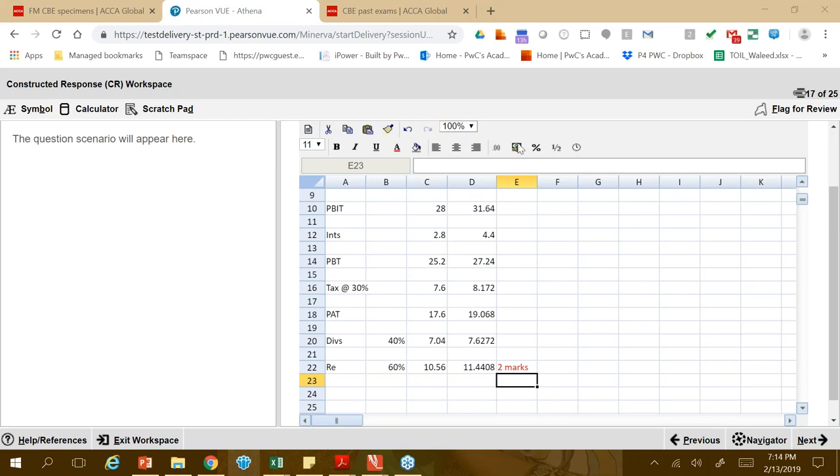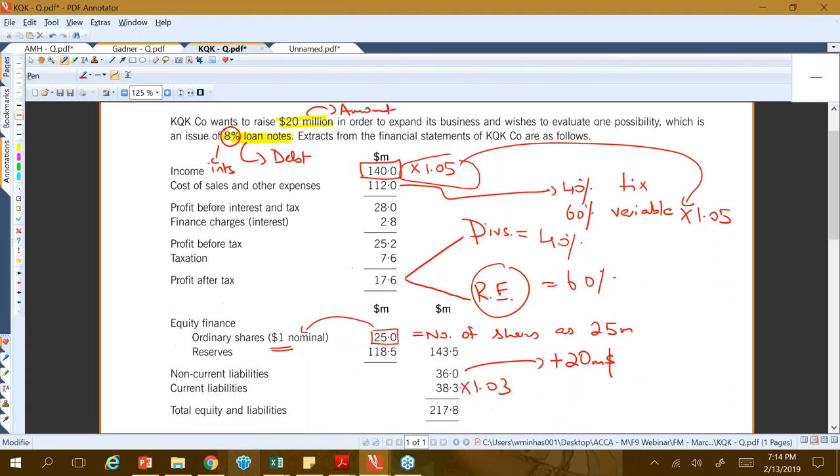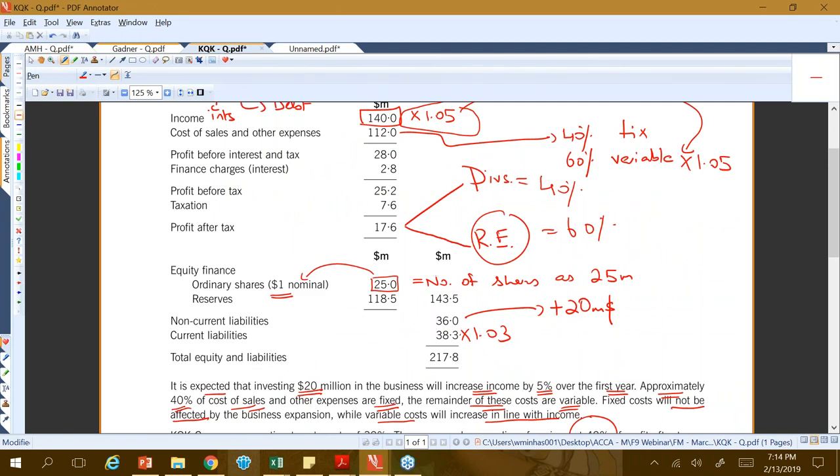Okay, some questions on the interest. Well, let's look at this again. The business right now has some non-current liabilities, which are $36 million. And the interest that they're paying on these liabilities is $2.8 million. Now, when they go for additional financing of $20 million, will this $36 million go away? The answer is no. This 36 would remain there and we'll need to add the 20 million to it.